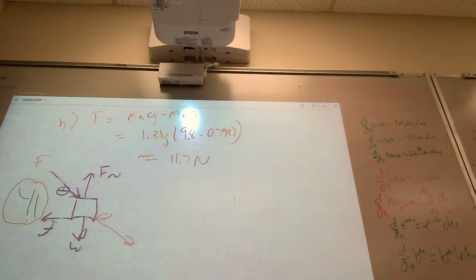Should be regular 0. Yeah, because it's constant velocity. For the Fx and Fy, yes, it would be zero.